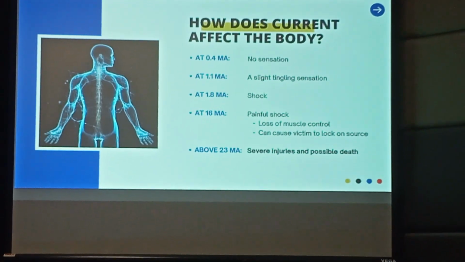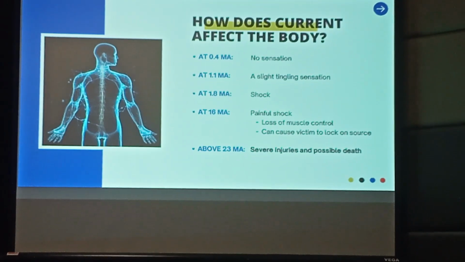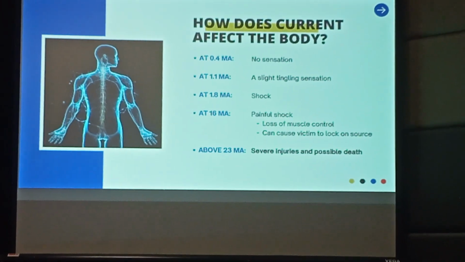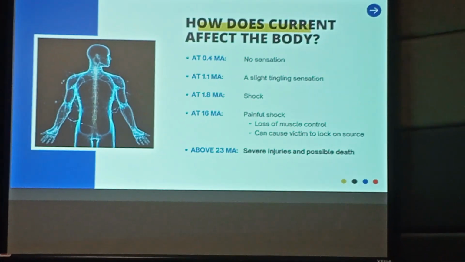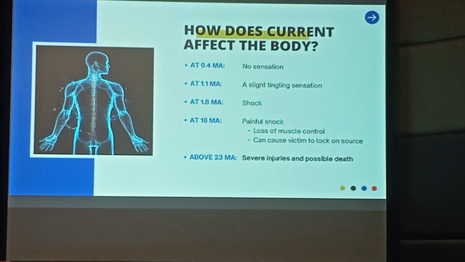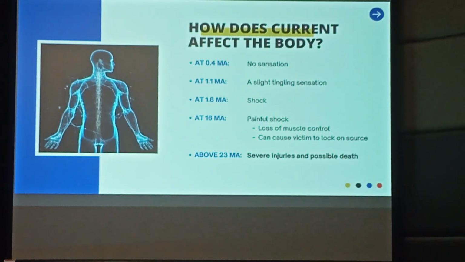Loss of muscle control can cause the victim to lock on to the source at 16 milliamperes, meaning there's no more letting go. And above 23 milliamperes, there are severe injuries and a possibility of death.